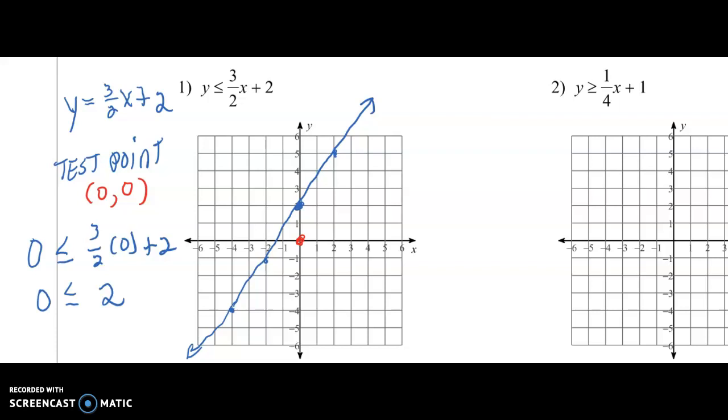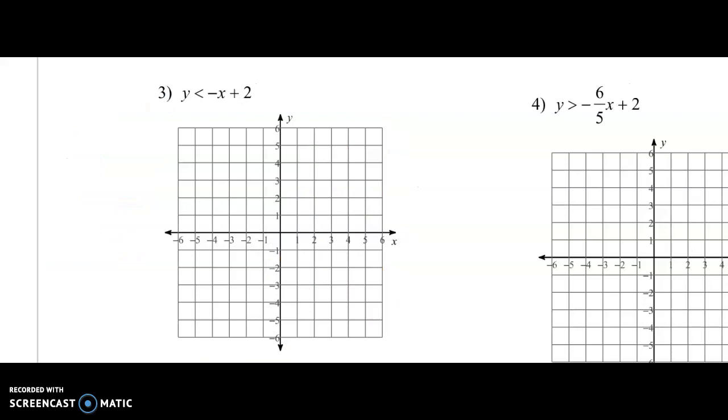And because (0, 0), our test point, lies on what could be considered the bottom side of that line, we know that every point on that same side will also work. So that is the side of the boundary line that we shade. Where we shade, we are saying that this is where all the ordered pairs, all the solutions for the linear inequality, will lie.